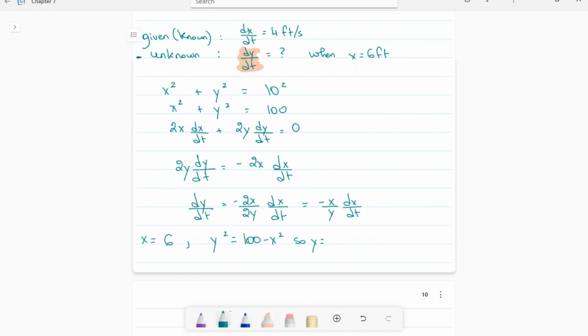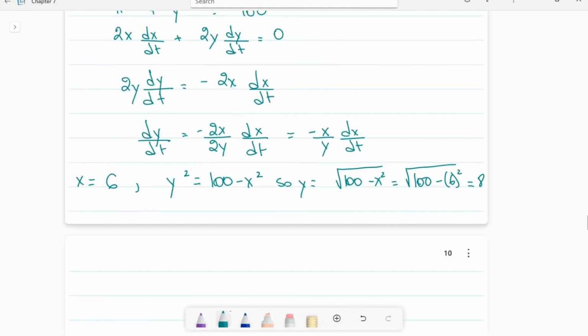So y is the positive square root, in this case, it's distance, so it's positive. It's the square root of 100 minus x squared, which is equal to the square root of 100 minus 6 squared. If you were to plug this in on your calculator, you get 8. So that's something we can use.